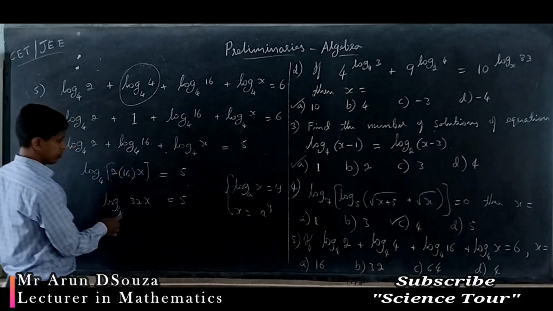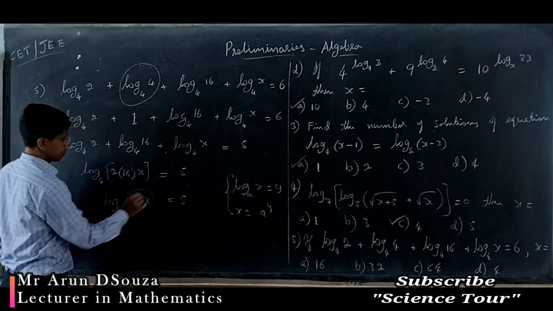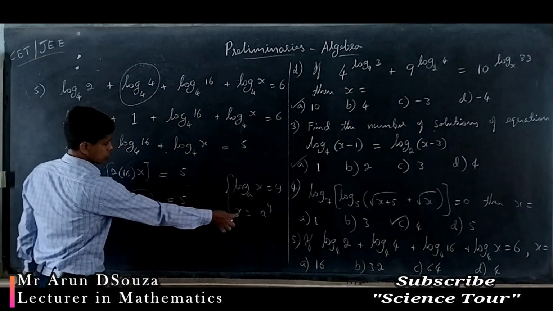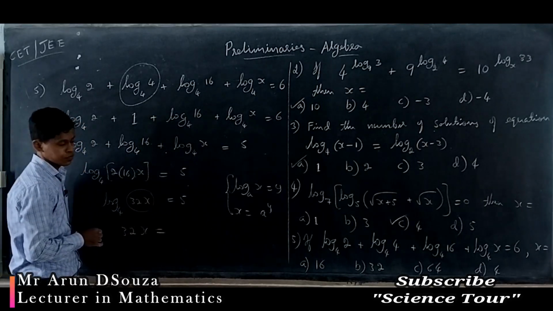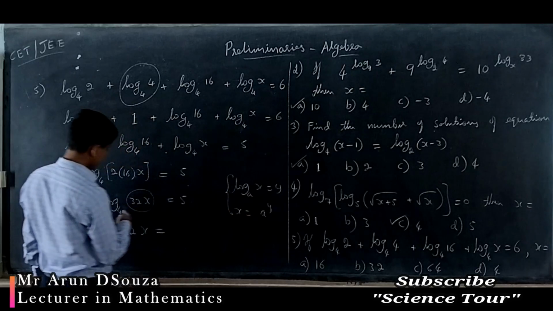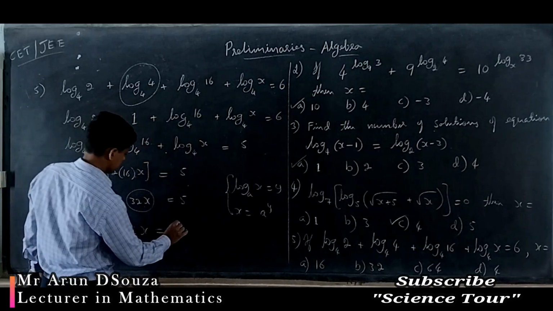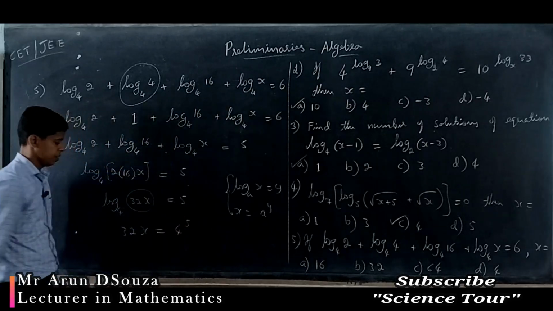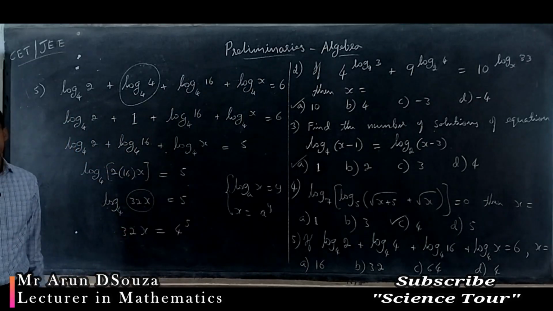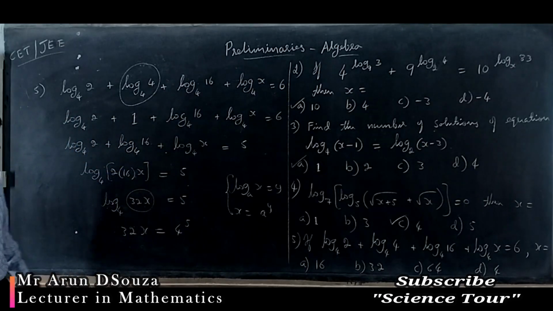Yes. Now, I need this. See, this is nothing but x. So 32x is equal to a to the power y. What is a? 4. So this is 4 to the power y, that is 5. What I need is x. That's it.